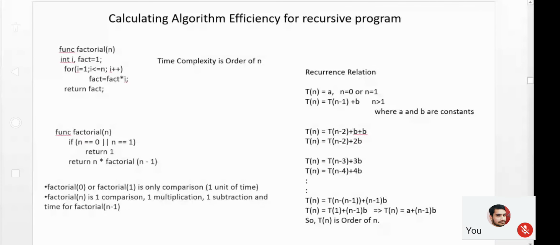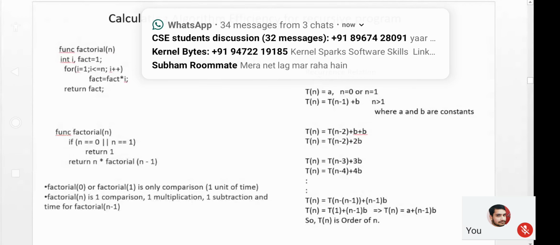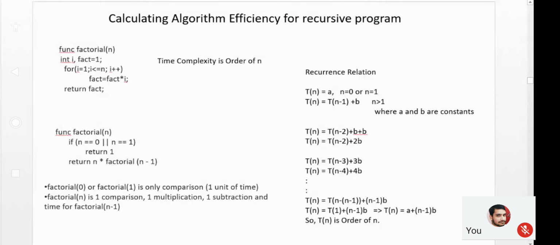Now the question is, if the function is written in recursive way, there is no such loop. So how can we determine the time complexity? For a problem that's written in recursive way, first we have to determine the mathematical model for that. That is known as recurrence relation.